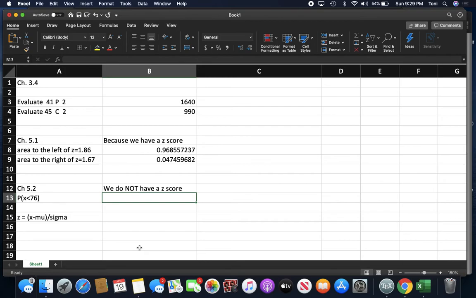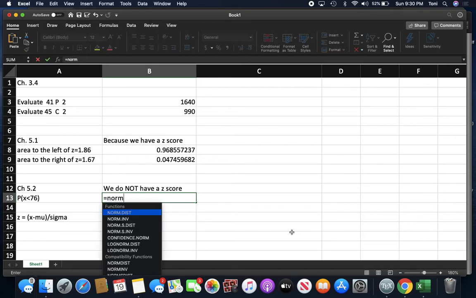Now the function in Excel for values that are not z-scores is actually pretty helpful because Excel is going to convert this value into a z-score and calculate the area to the left at the exact same time. So it's pretty much killing 2 birds with 1 stone. Whereas if we do it by hand, we first have to convert it into a z-score. Once we have the z-score, then we need to use the table in the textbook to find the area or the probability. So the function we're going to use here, because we don't have a z-score, is equals norm.dist.